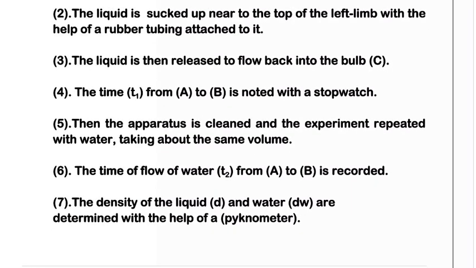So you need a stopwatch for performing this experiment. Then the apparatus is cleaned and the experiment repeated with water, taking about the same volume. The time of flow of water, t2, from A to B is recorded. The densities of the liquid, d, and water, d_w, are determined with the help of pycnometers.